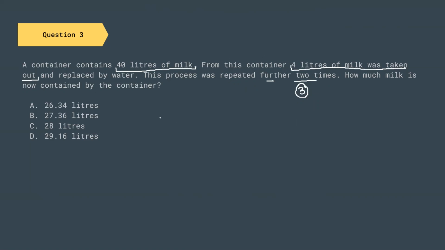So there is a formula here that you should remember. Final quantity is equal to A into (1 minus x by A) to the power n. Fine. And what is A here?